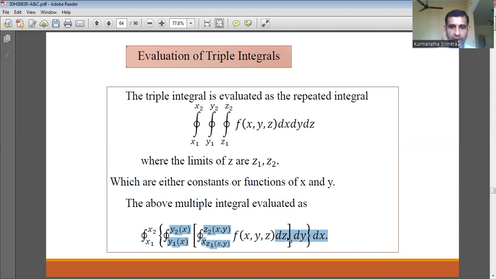This is the basic order: the inner integration has the z limits, the middle integration with respect to y has the y limits, and the outer integration with respect to x has the x limits. So we integrate with respect to z, then y, and then x. This is the triple integration evaluation process.